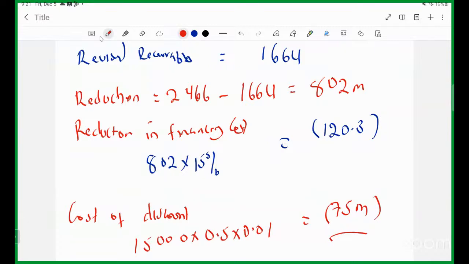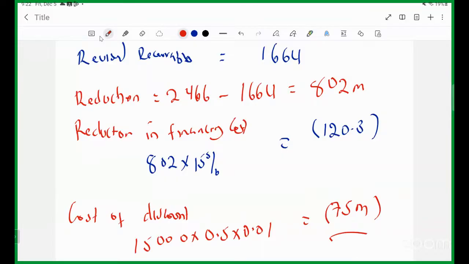It is a benefit in the sense that you had too much in receivables, too much money which was tied up in receivables. It means that money was seated there doing nothing.